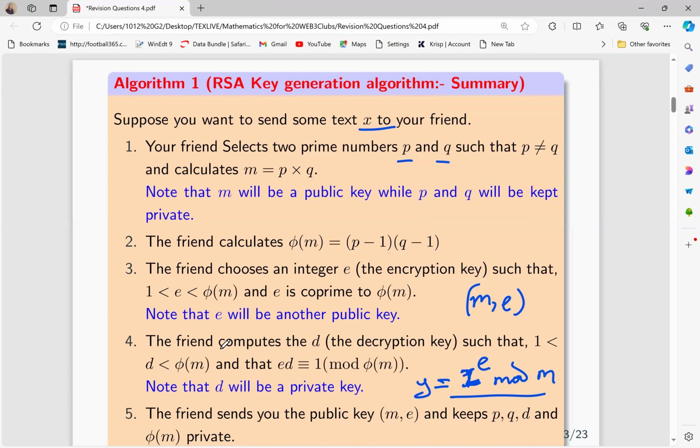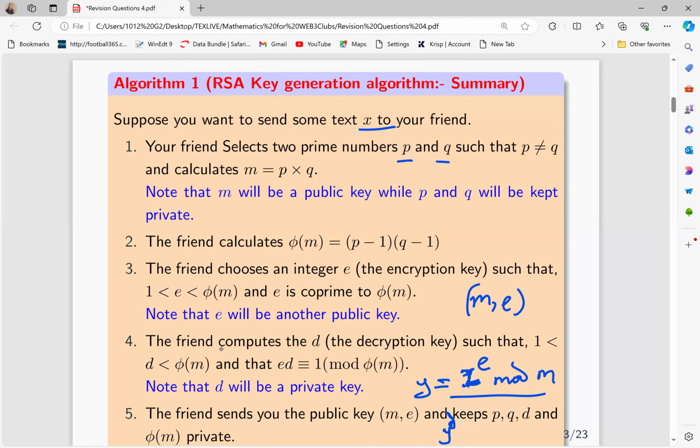Your friend receives Y and wants to decrypt it so as to get the plain text out of it. So what your friend does, when he receives your ciphertext Y, he raises this to D. D was the secret key.